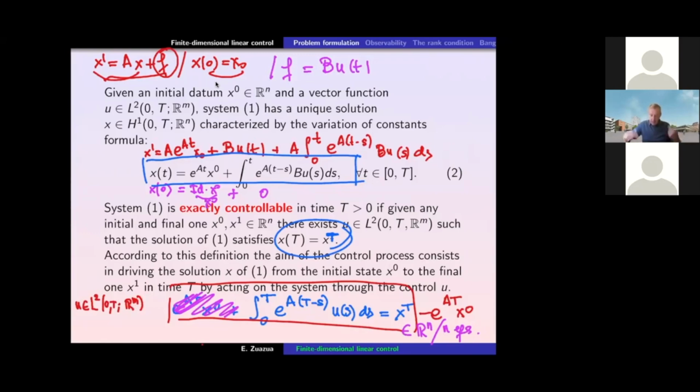Yet we have seen that despite this apparent easiness of the problem, in some cases it works, in some other it doesn't work. How do I really see in this kind of formulation whether the system is controllable or not?